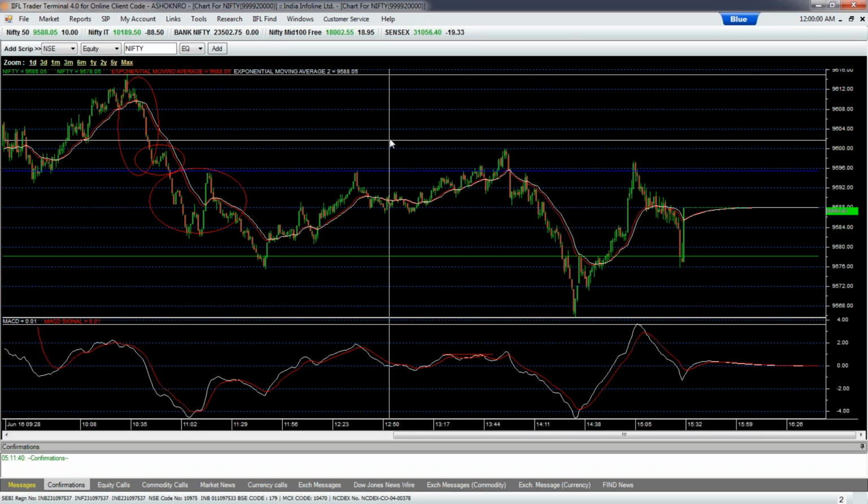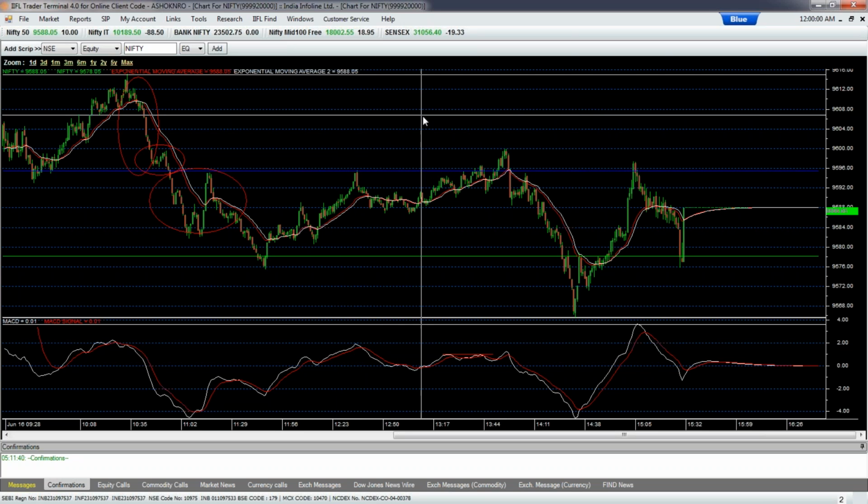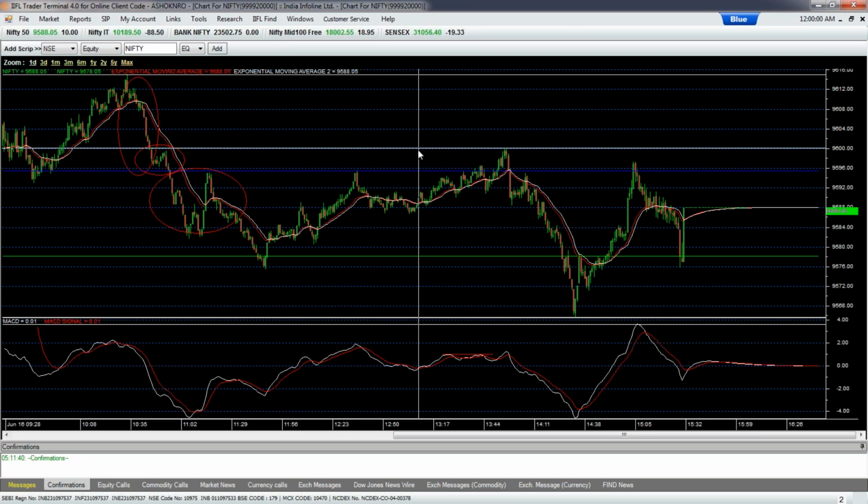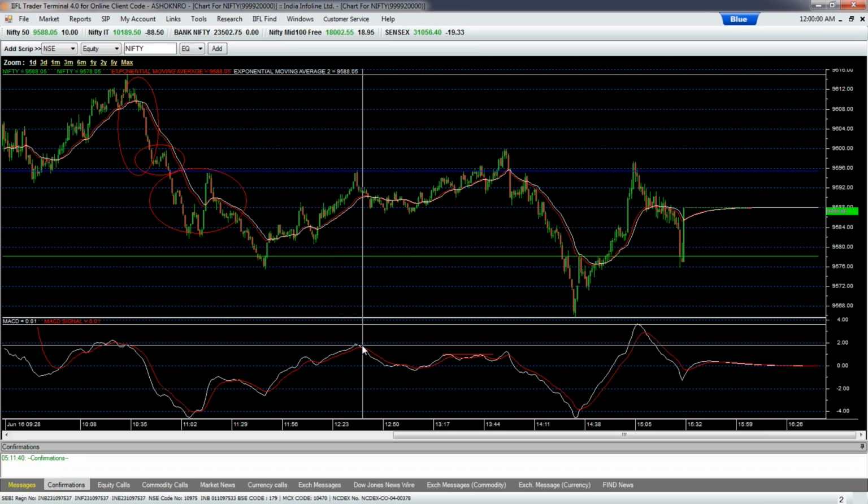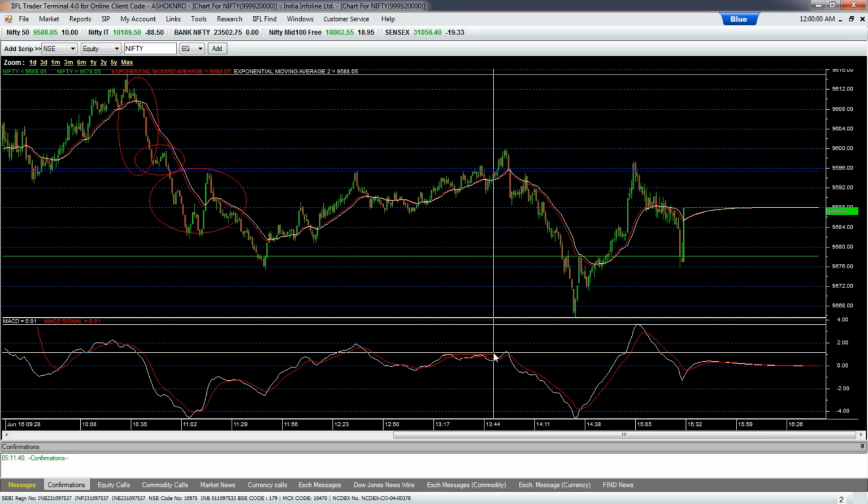Look at this one and this one, there is too much of a difference, though this one is high and this one is low. So it means that the market is giving a clear signal that the market is going to fall, or the market is going in a reverse direction.